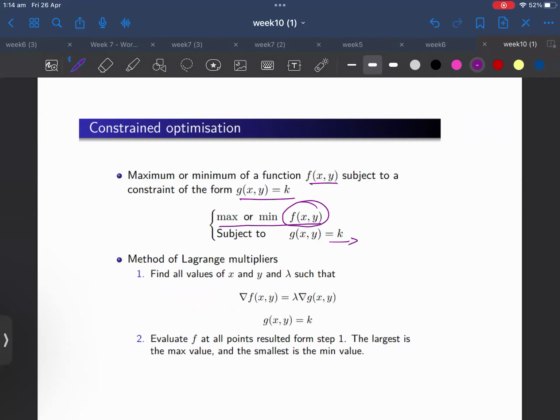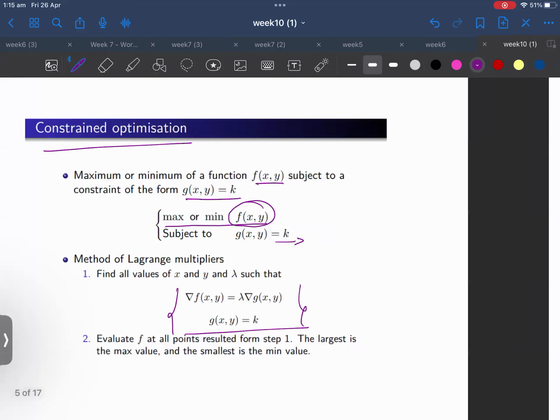Find all the values of x, y, and lambda such that nabla f equals lambda nabla g of x, y, and g of x, y equals k. So we need it in this part. Remember this formula, which is from constrained optimization.